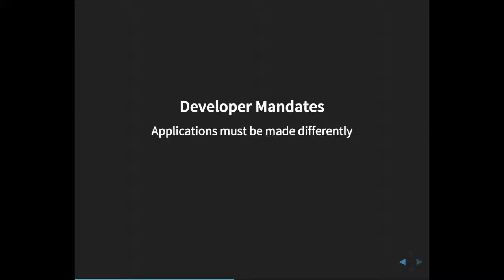This movement has actually been labeled Web 3.0. A lot of you have probably heard that tossed around right now. This movement, this shaking of what's happening in the web. In fact, there are a lot of frameworks cropping out of the woodwork because of this. AngularJS is one, and I will talk a little bit about that, and I'll talk about React as well. These frameworks are coming out of the woodwork because of this new Web 3.0 mandate, in that applications now must be made differently.